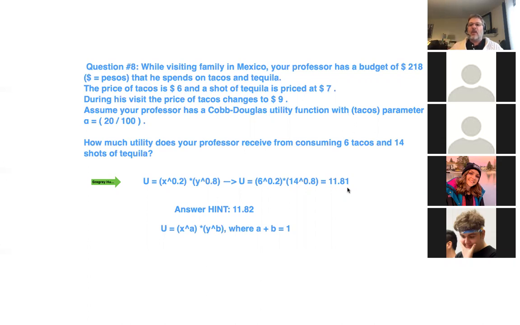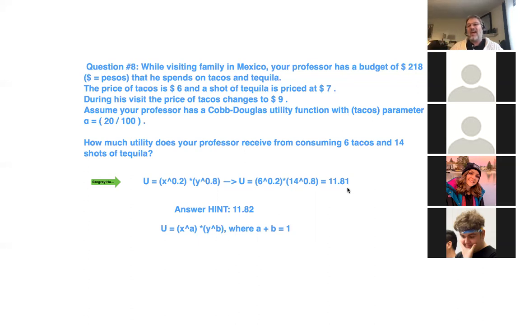Normally I would ask the question something like, hey, Hannah, on a scale of 1 to 10, how do you feel about 6 tacos and 14 shots of tequila? And you would say something like, oh, that's an 8, or it's an 8.5. But for Cobb-Douglas, we don't have any bound, so we don't have any upper level like a scale of 1 to 10.